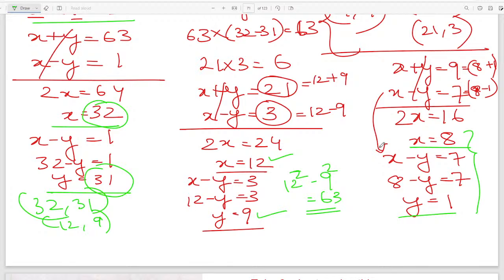So the third set would be 8 square minus 1 square would give you 63. So there are three pairs of natural numbers whose difference of squares would give you 63. That is 32 and 31, 12 and 9, 8 and 1. These are three pairs.